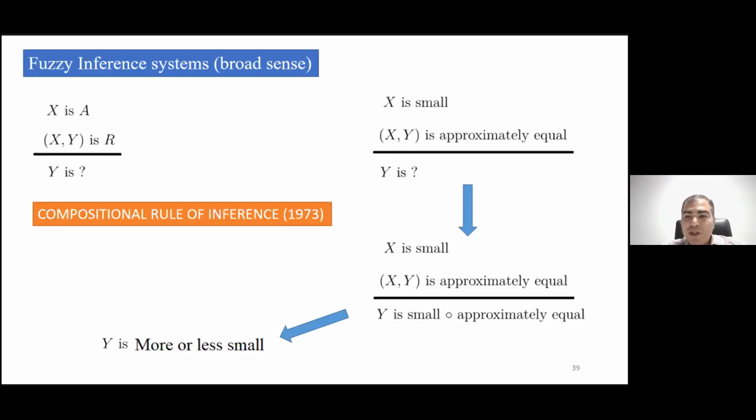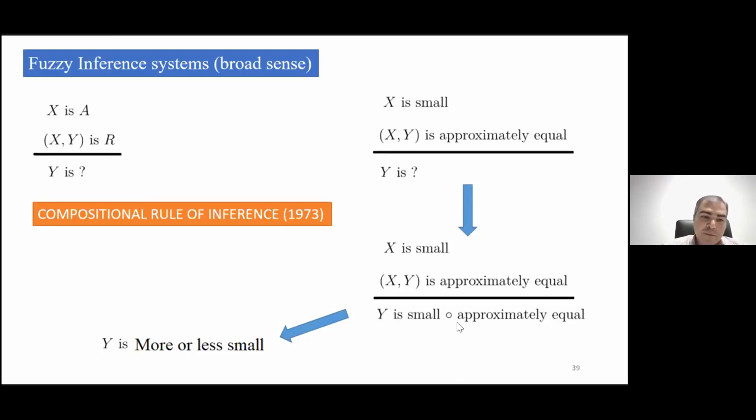So the question is, what is a fuzzy inference system? A fuzzy inference system, in a broad sense, is a reasoning system for the explicitation of fuzzy constraints on the variables whose constraints are implicit in a system of fuzzy assignment equations.